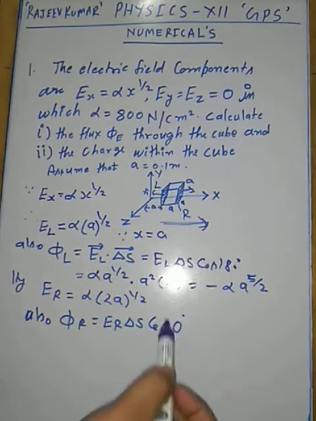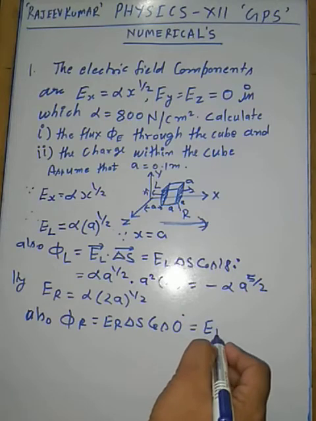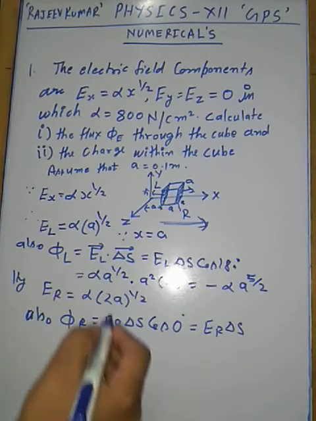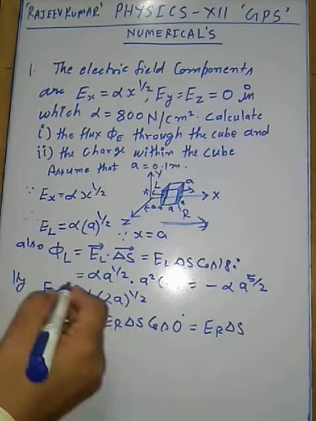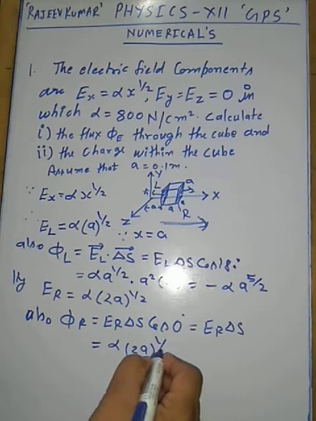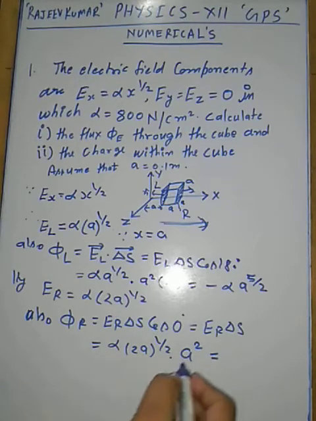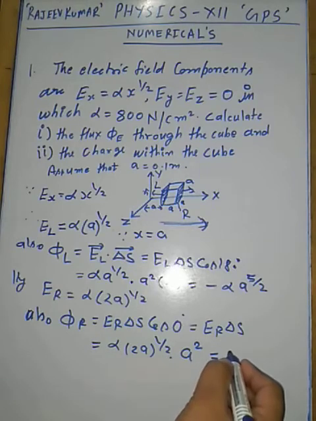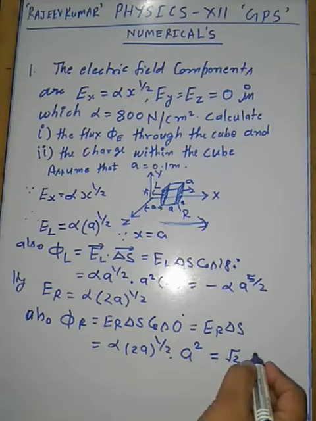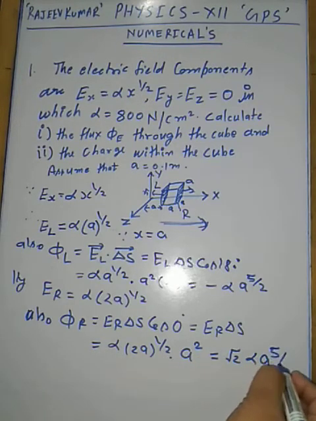That is why there must be a 0 angle between them, and cos 0 is 1, so it is equal to ER del S. Now putting in the values, ER is alpha into 2a raised to the power 1 by 2, and del S is a square. Then it may be written as square root of 2 alpha a raised to the power 1 by 2 plus 2, which is 5 by 2.